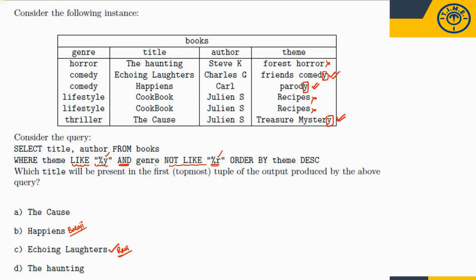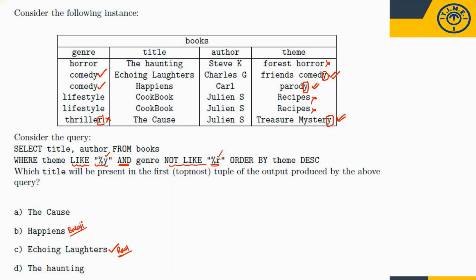What is the second condition? Genre not like '%r'. It should not end with r. The genre does not end with r for the second tuple. For the third tuple, the genre does not end with r. And for the last tuple, the genre ends with r, so this is not going to be selected.